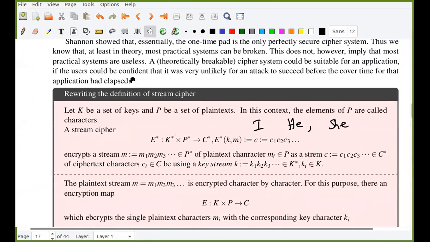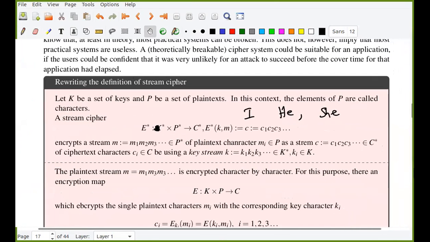That's why I have to take all of them together. Any questions here on the star? Is what star means clear? Yes, sir. Okay. Now, why do I put E star also? It is also a function, but first I take E: K cross P to C. Then using this I can do E star.